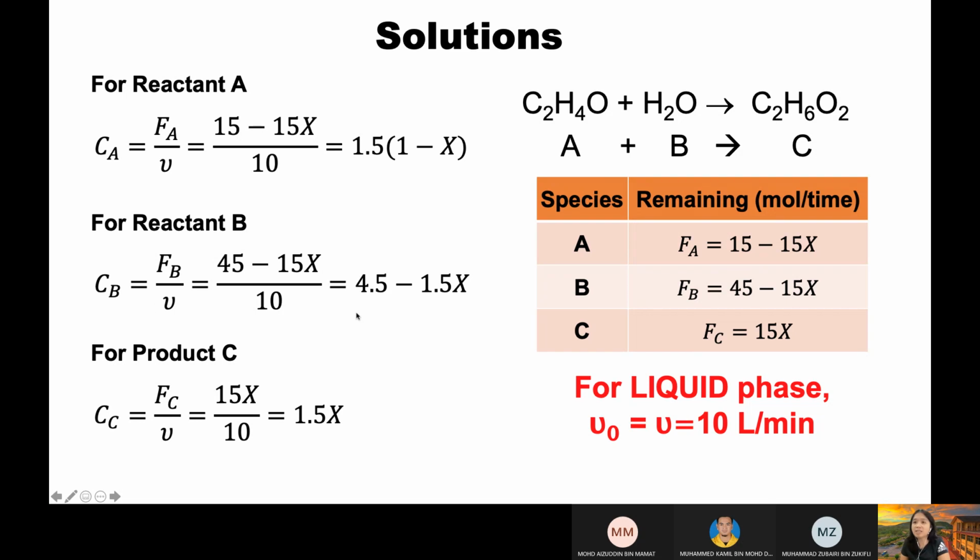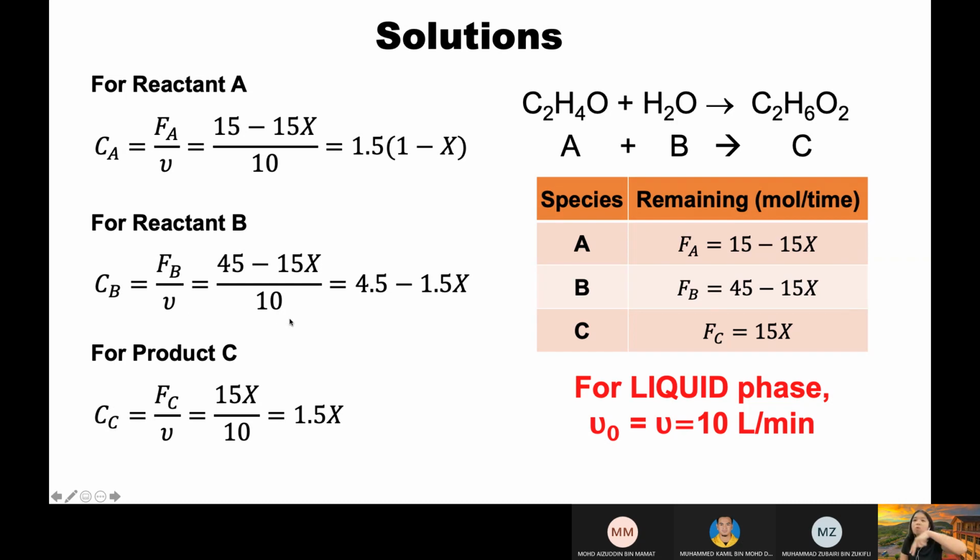Okay, so next, reactant B, CB. Outlet concentration of B equals the outlet molar flow rate of B divided by the outlet volumetric flow rate. So from the table, FB equals 45 minus 15X. Because from the table earlier we already know FB equals 45 minus 15X, divided by the volumetric flow rate.